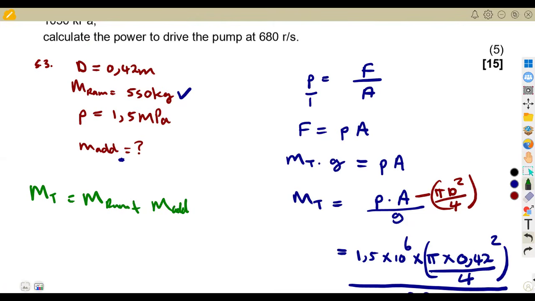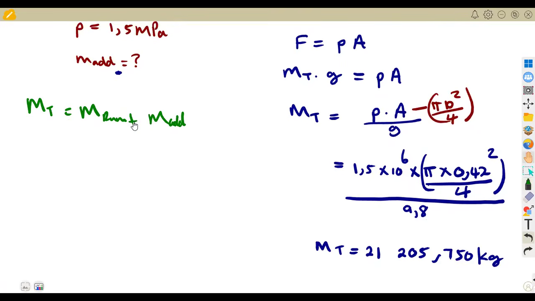In this case, we can calculate the additional mass, because we want this additional mass. So you just have to subtract the mass of the ram from the total mass in order to obtain the additional mass. That is the condition of your question, and it shall be like that. So the additional mass in this case, all right?